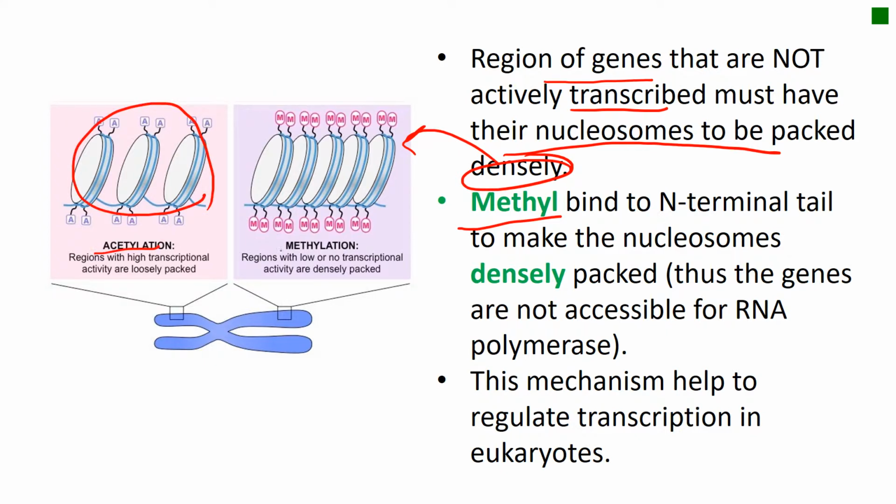For densely packed, we need methyl. And the process is called methylation. In methylation, the methyl binds to the N-terminal tail to make the nucleosome densely packed. By doing this, the genes are not accessible for the RNA polymerase to be transcribed. This mechanism helps to regulate transcription in eukaryotes.